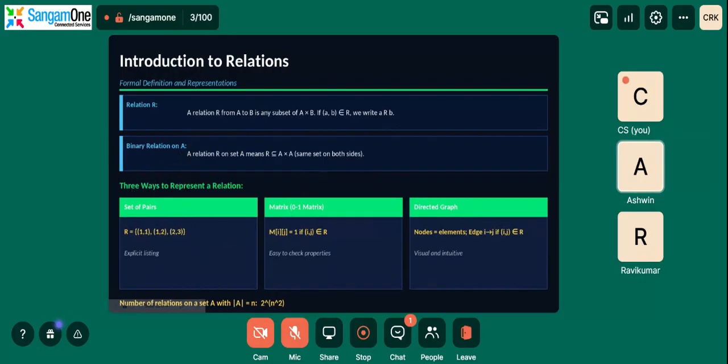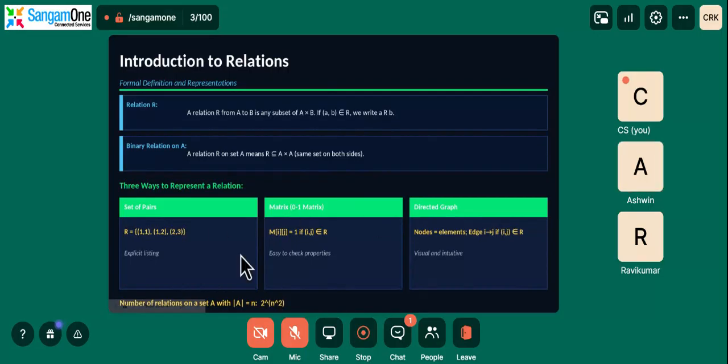There are 3 ways to represent a relation. First, a set of pairs, R equals (1,1), (1,2), (2,3). Second, the matrix representation, a 0-1 matrix where M i j equals 1 if (i, j) belongs to R. This is easy for checking properties.